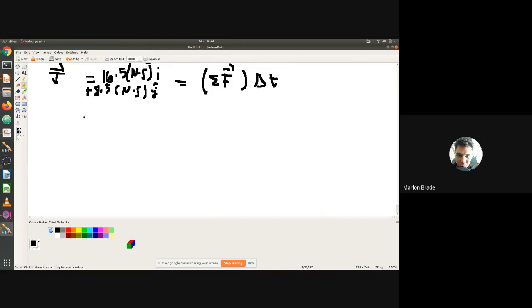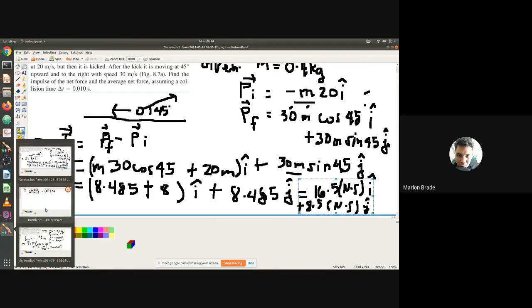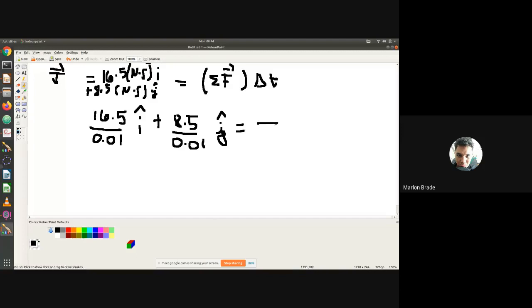So, kung i-divide na kung delta T, it is given that the delta T nato is 0.01. So, 0.01 ang delta T. So, nato is 16.5. 16.5 divided by 0.01 I hat plus 8.5 divided by 0.01 J hat, and this is now the force.